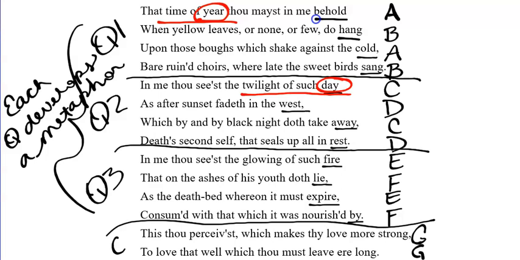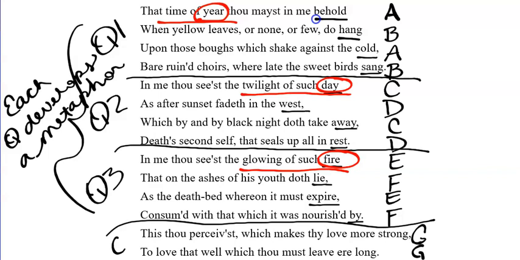And then the third quatrain: "In me thou seest the glowing of such fire." So the glowing of such fire, but his entire life is being compared to a fire. So as we read this and look at the details, we're going to look at what time of year he describes himself as, what time of day he describes himself as, and what stage of the fire he describes himself as.